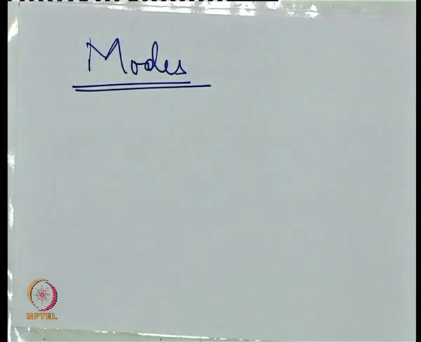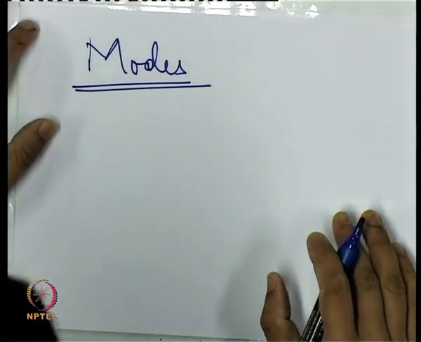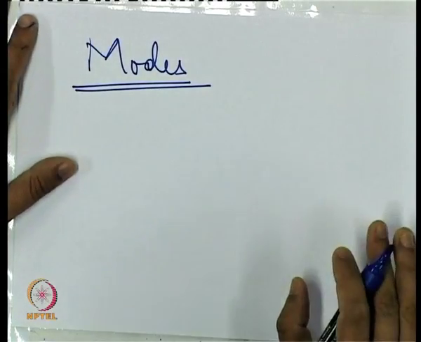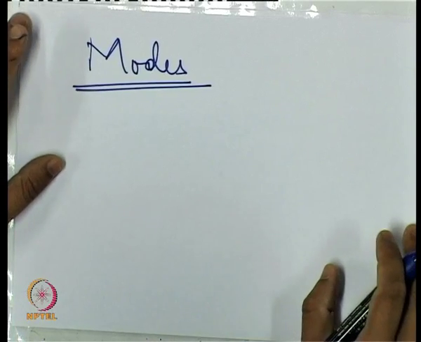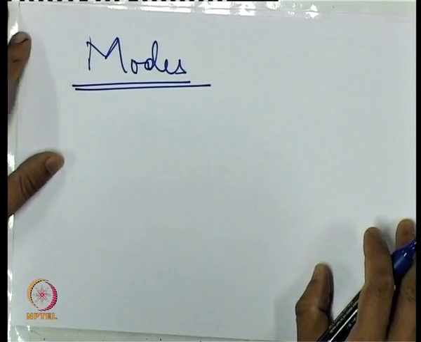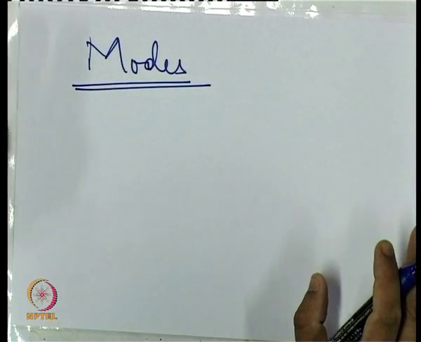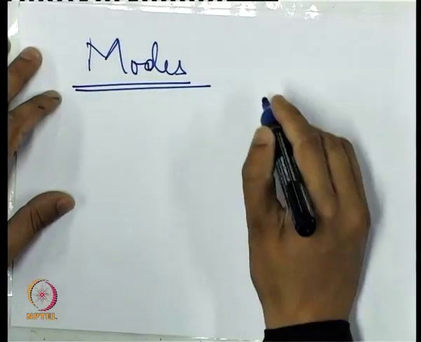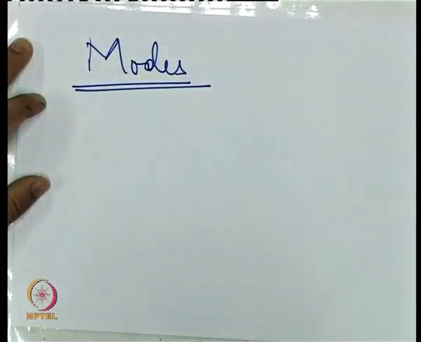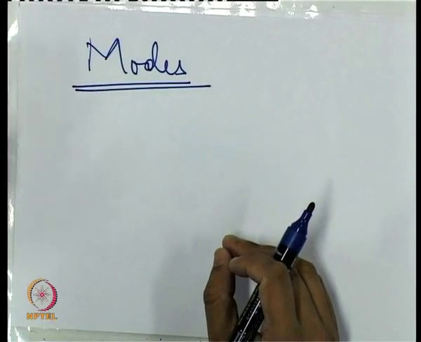Now, I have not given a solution or discussed the solution of the Maxwell's equations for various microwave components. I just showed you the basic Maxwell's equation, the homogeneous equation necessary for solving for the electric and magnetic fields in the various microwave components.